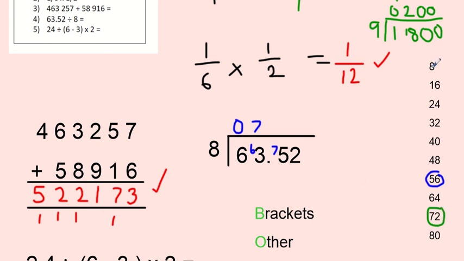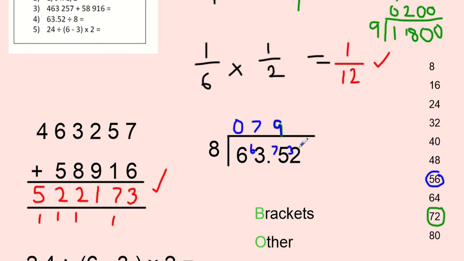So let's count. 1, 2, 3, 4, 5, 6, 7, 8, 9. 8 goes into 75 9 times exactly. Sorry, I should have done that in blue so as not to confuse you. There we go. And how many remainders have I got this time? Let's count on from 72: 73, 74, 75. We've got remainder 3.